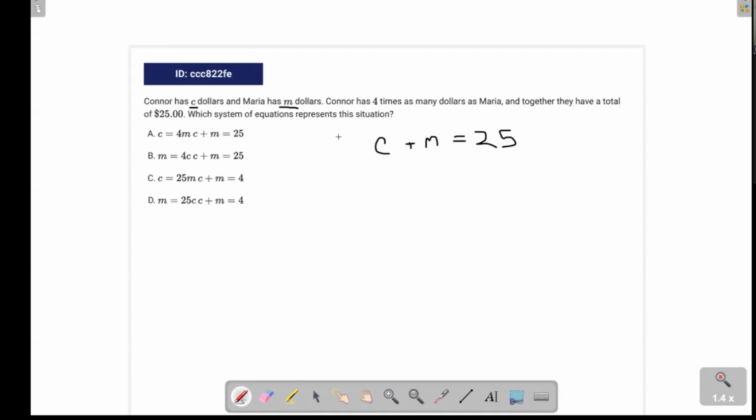So you're going to have to add 4M, because his amount of money is 4 times Maria's. When you plug it in, you're going to get this equation. This one was on the easier difficulty, and it's similar to that sandwich and salad one where you're just relating different values.